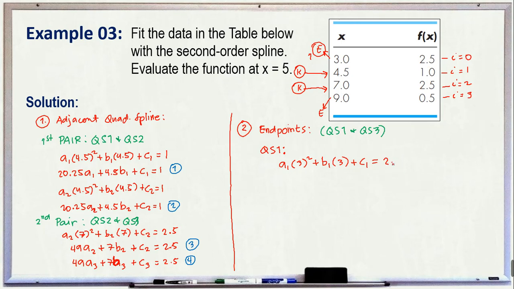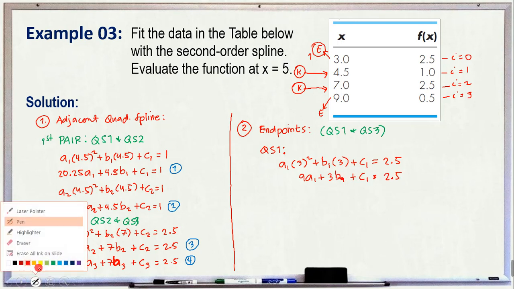So, butang ka 2.5. Simplifying, we have 9a sub 1 plus 3b sub 1 plus c sub 1 is equals to 2.5. And this is our equation number 5.